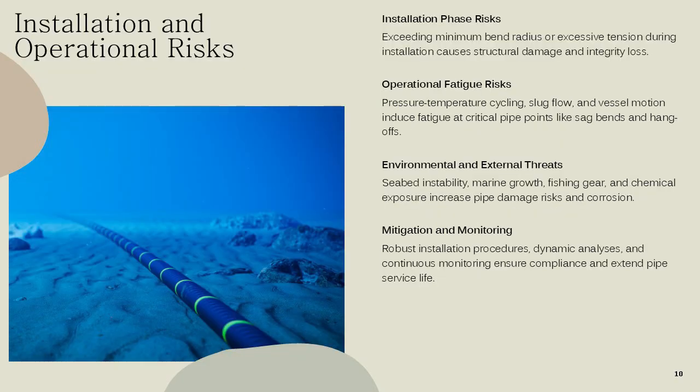Installation and operational phases introduce dynamic and environmental loads that challenge flexible pipe integrity. During installation, exceeding the minimum bend radius, MBR, or applying excessive tension can cause structural damage such as ovalization or armor disorganization. Real-time monitoring and pre-lay analysis are essential to prevent these failures.